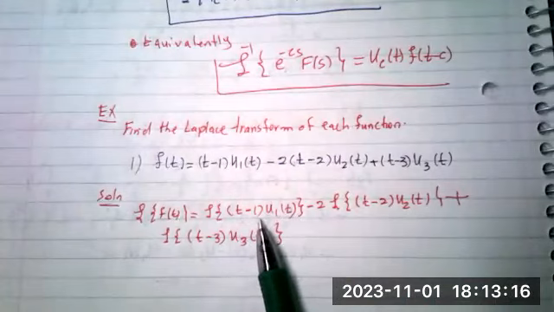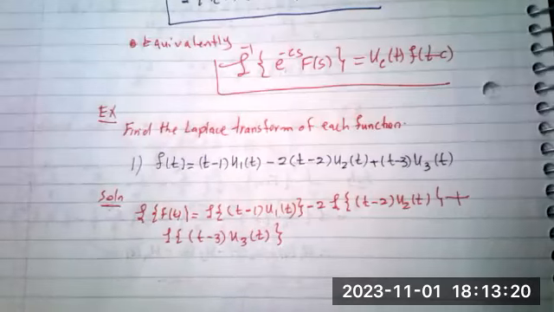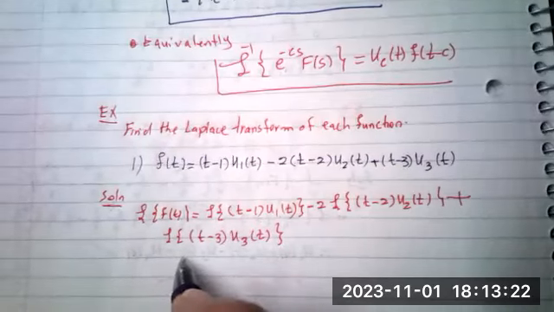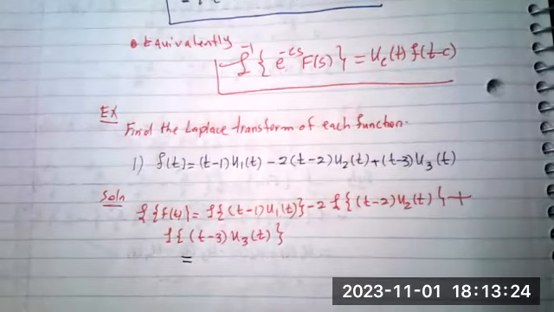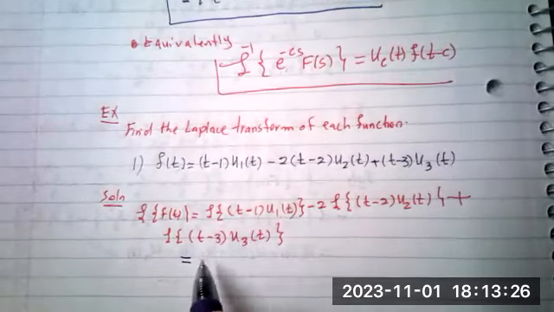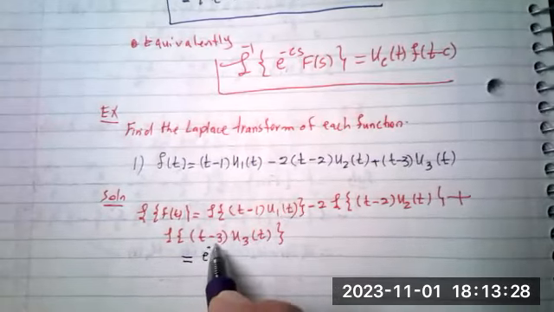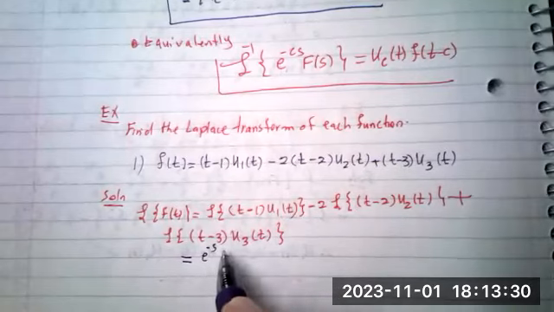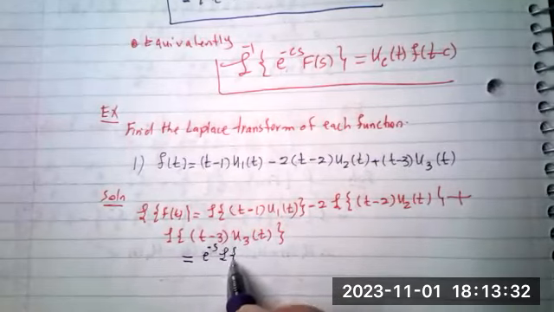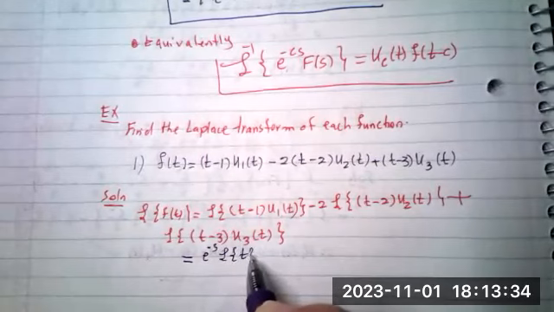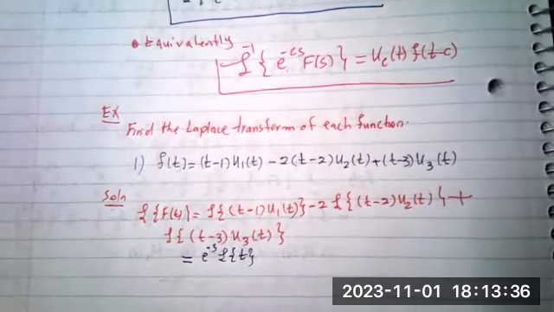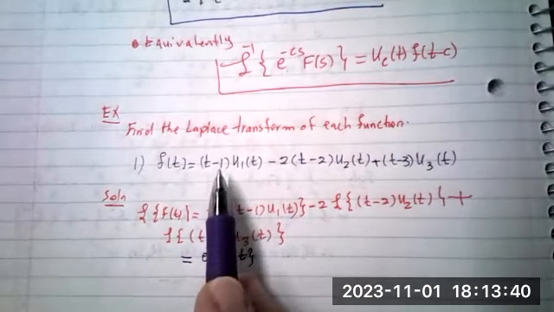So what's going to be f of t? t. Okay? So the first one is going to be equal to, because of 1, you get e to the negative s times the Laplace of your function, the Laplace of t. I write it down, then I do it. So f of t is t, because you got the t minus 1 here.